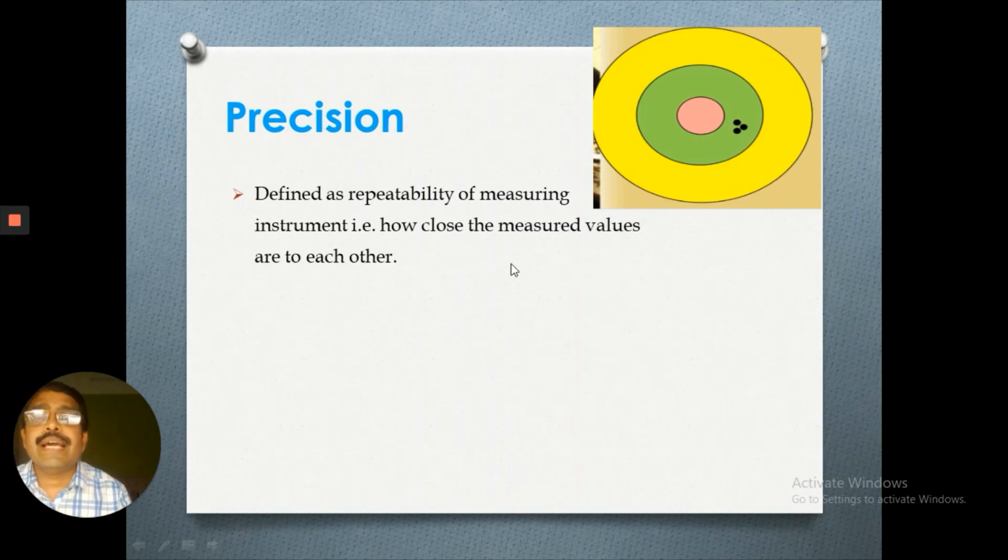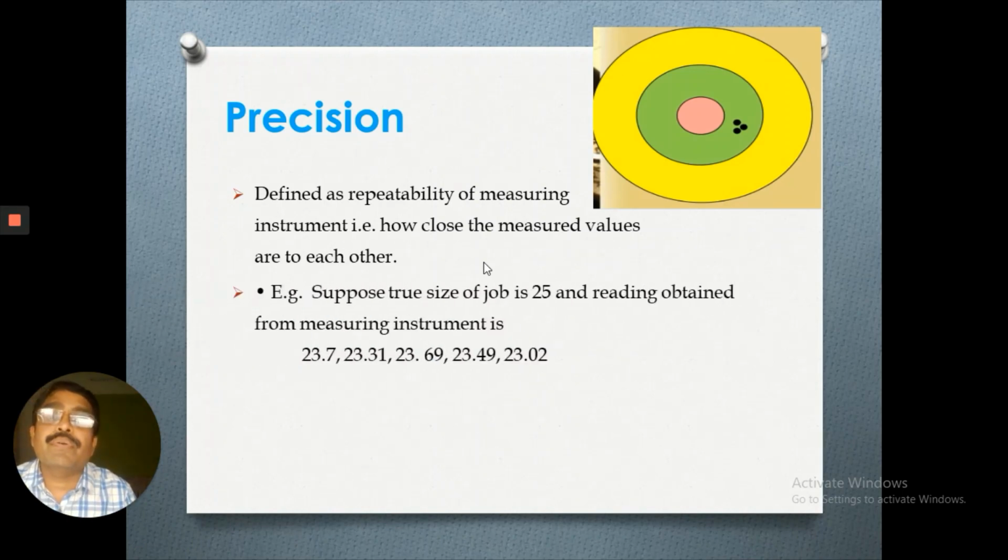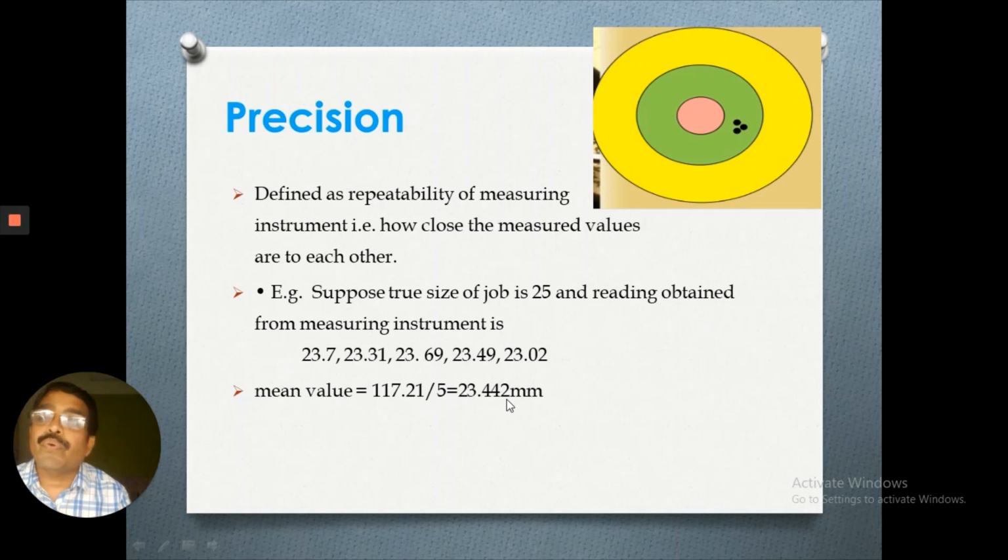Now, just by taking a single reading with the instrument, we can never judge the precision of the instrument. So we take a number of readings. Here suppose 25 is the true value, and with the instrument I get 5 readings. If I take the mean of all these readings, that value is 23.442.